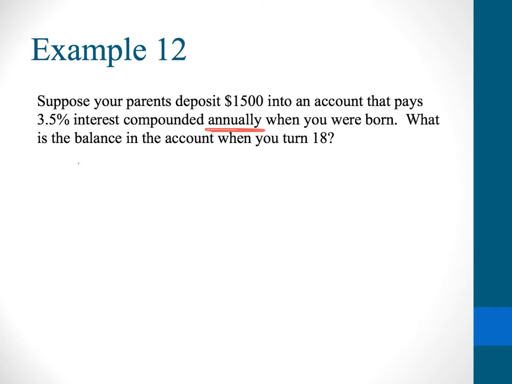So again, I'm going to set this up as an exponential equation. So I have y equals a times b to the power of x. My initial amount is A, or in this case, your parents put in $1,500, which was pretty generous of them. Your B value is going to be 3.5%, but I'm going to make that 1 plus, because this is an amount that's going to be growing, 0.035.